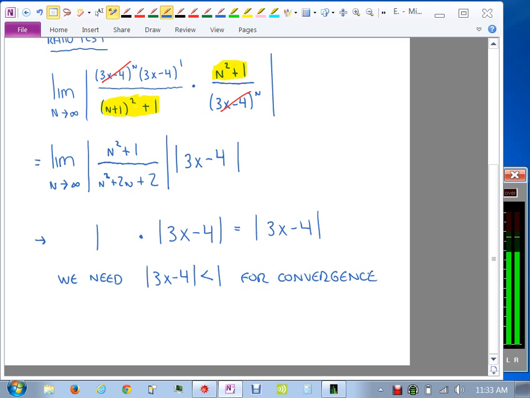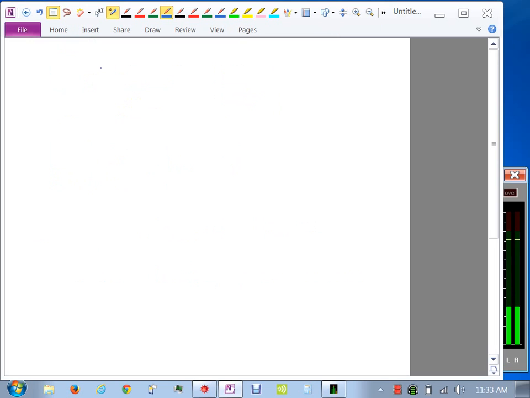Yeah, so now we'll use what I said earlier, at the very beginning of class. All right, next page. I've got the absolute value of 3x minus 4 is less than 1, which is the same as saying negative 1 is less than 3x minus 4, which is less than 1. When you put them in between, you take out the absolute value? Yes. And this is just inequalities, so you can treat these like you would any other inequality.